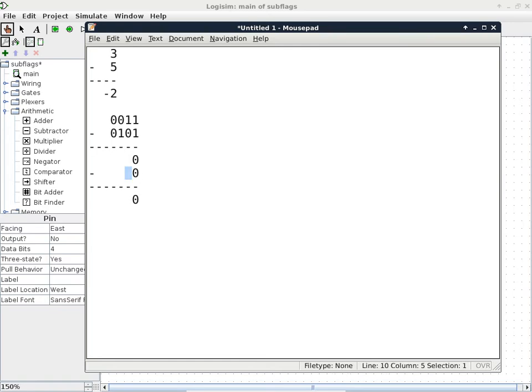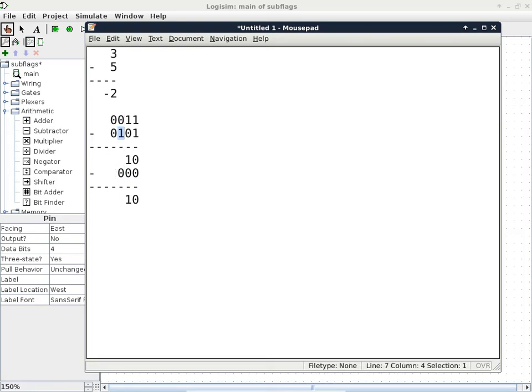Because neither subtraction gives us a borrow, the borrow from the next digit is a 0. 1 minus 0 is a 1. 1 minus 0 is a 1. And once again, neither gives me a borrow, so the borrow from the next digit is also a 0.